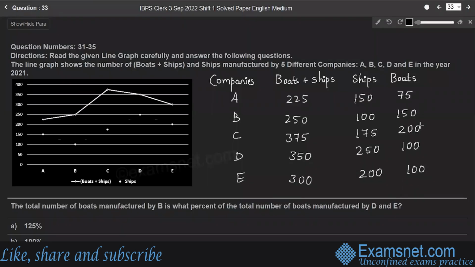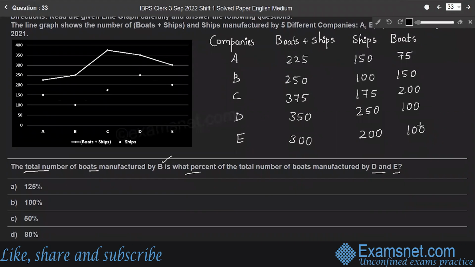Question 33. The total number of boats manufactured by B is what percent of the total number of boats manufactured by D and E? Here, company B manufactures 150 boats, whereas companies D and E manufacture 100 and 100, totally 200 boats. Therefore, the 150 boats manufactured by B is what percent of the boats manufactured by D and E, which is 100 plus 100, 200.